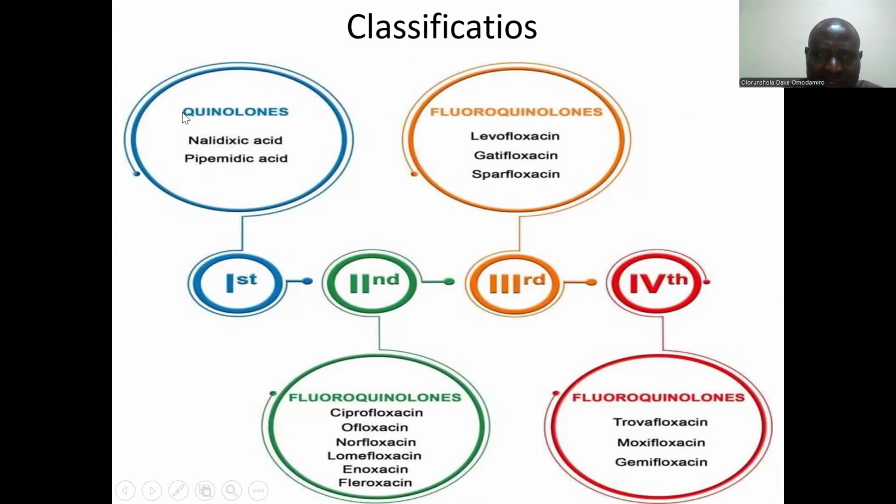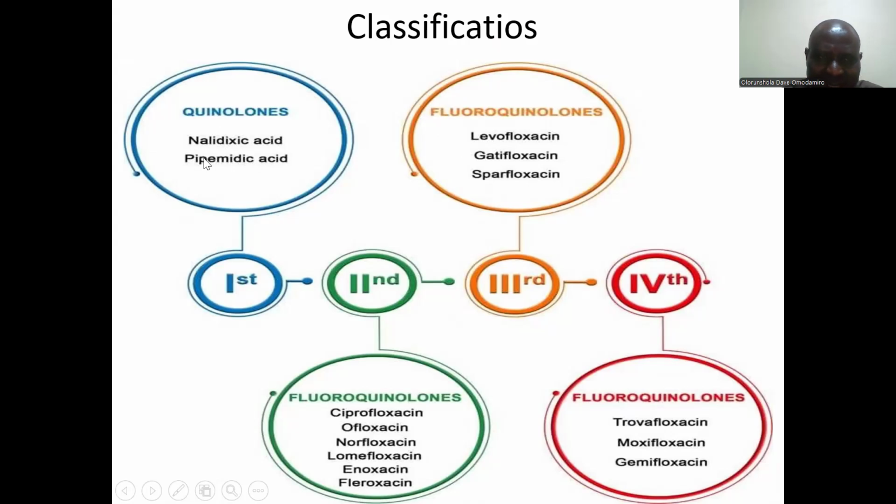We have two classifications, the quinolones and also the fluoroquinolones. Good examples of a quinolone that we should get ourselves familiar with, which are very relevant in clinical use, are nalidixic acid and also pipemidic acid.